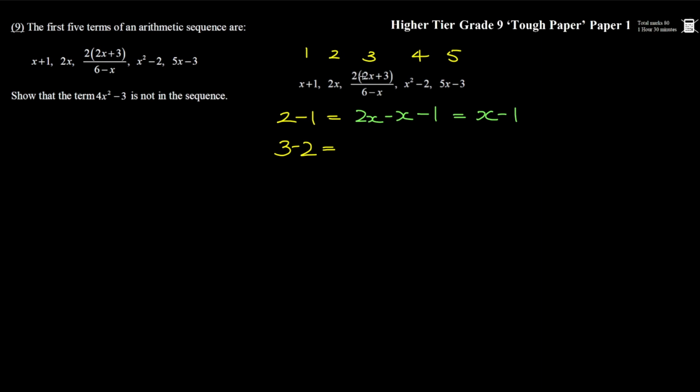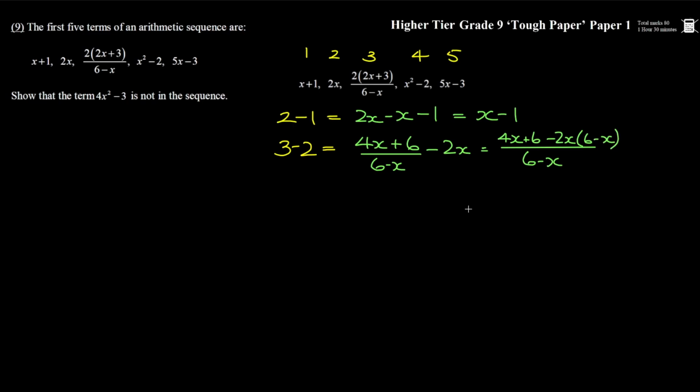Term 3, multiplying the top line out, is 4x plus 6 divided by 6 minus x. And we take away the previous term, which is 2x. So let's put it on a common denominator of 6 minus x. This is 4x plus 6, and then we take away 2x and multiply that by 6 minus x.